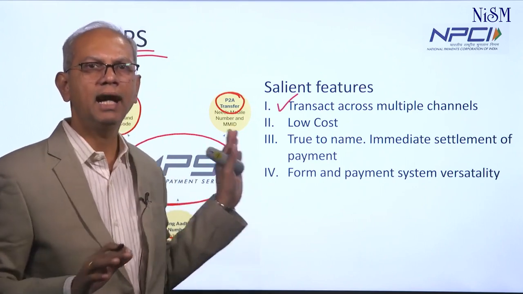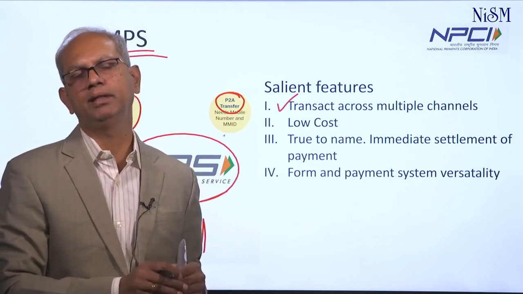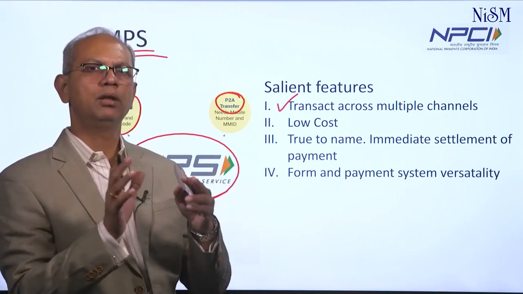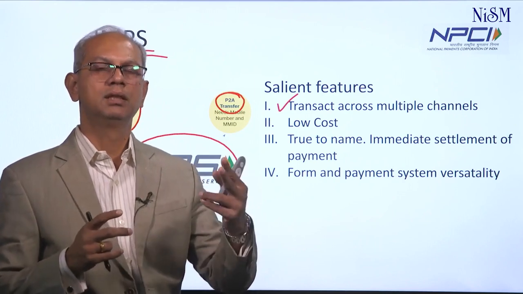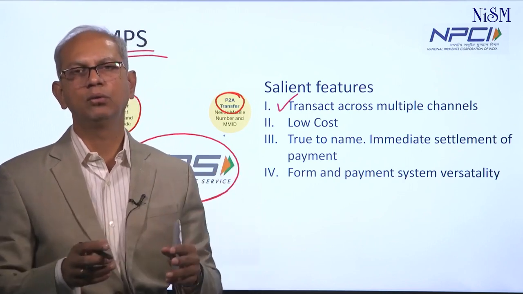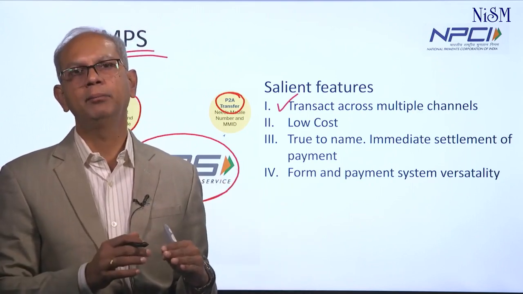That was what it was. The IMPS is the next level, which means what it says: the moment it gets debited to your account. Even in today's world, you could use this or that, in the sense that if you were to log into your bank account, you can either do an NEFT or you can do an IMPS.